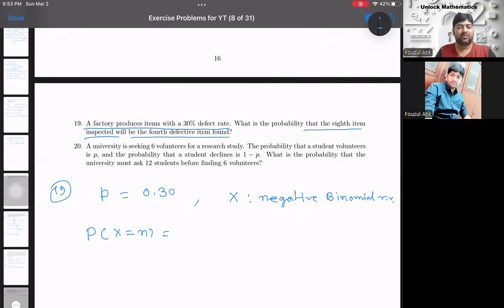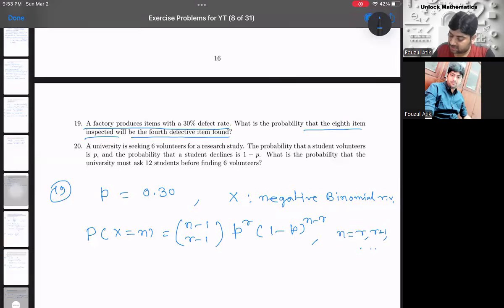That means up to n minus 1 trials you got r minus 1 successes. So how many ways can you do it? It is n minus 1 C r minus 1, that was the formula for the negative binomial random variable, times probability of success to the power r times 1 minus p to the power n minus r, right? And n takes the values r, r plus 1, and so on, up to any number.